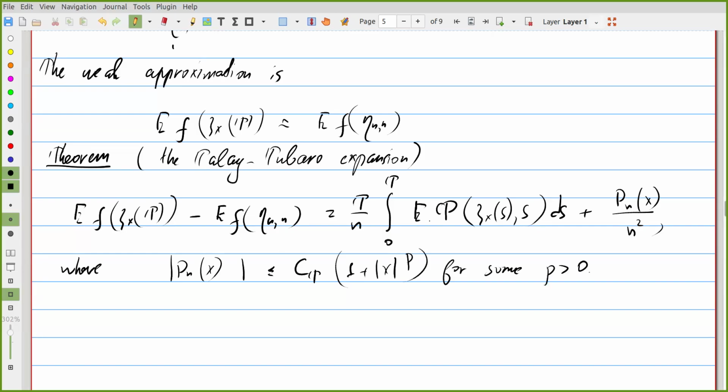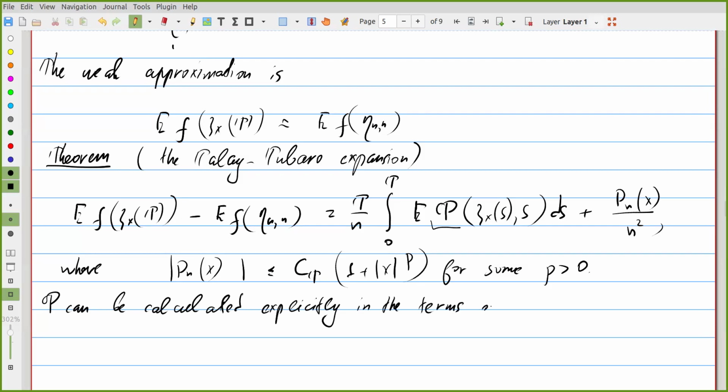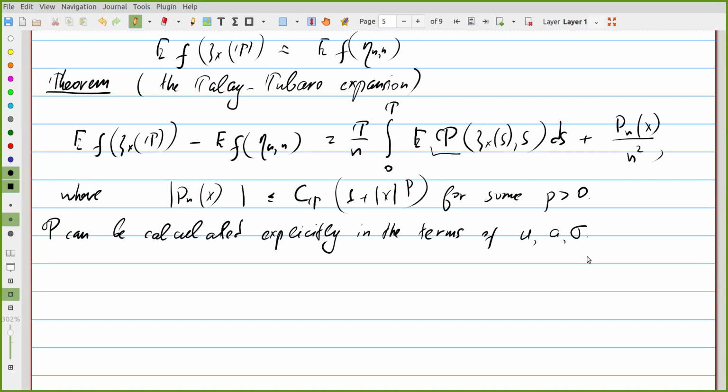And this function can actually be calculated explicitly in terms of u, a, and σ, and their derivatives. You can have slightly different representations of this function. In particular, I will just write it in the one-dimensional case because this is the case we are going to work with.